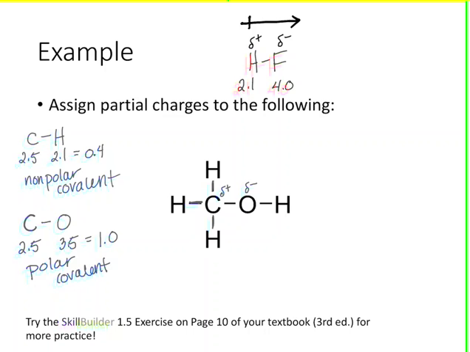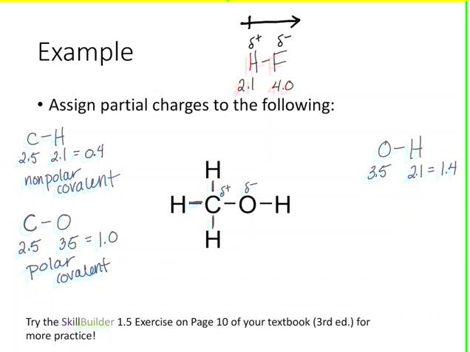Okay, now what about oxygen and hydrogen? We already saw that oxygen has a value of 3.5 and hydrogen has a value of 2.1. So that difference is 1.4.